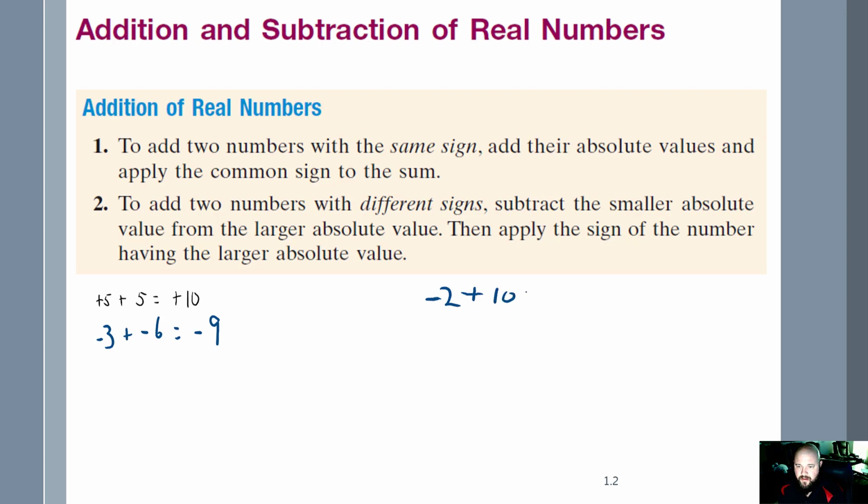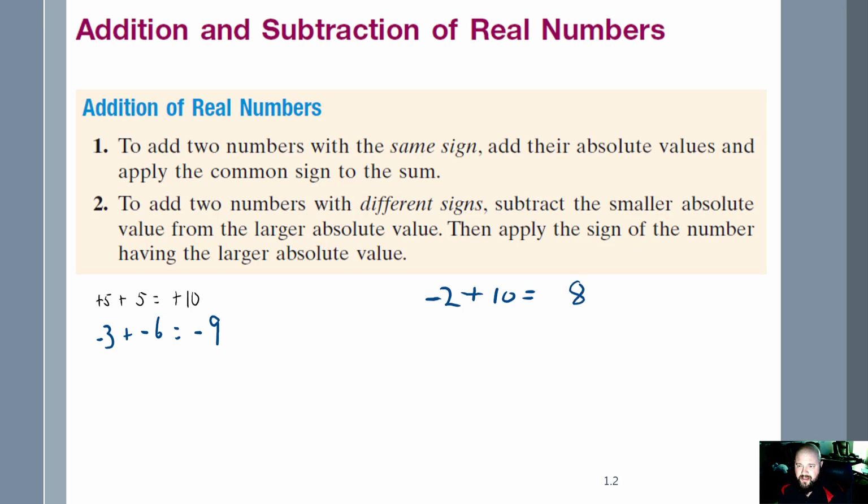So negative 2 plus 10. We have a negative value and a positive value. Subtract the smaller absolute value from the larger. 10 is the larger one, so we subtract 2 from that. 10 minus 2 gives us 8.